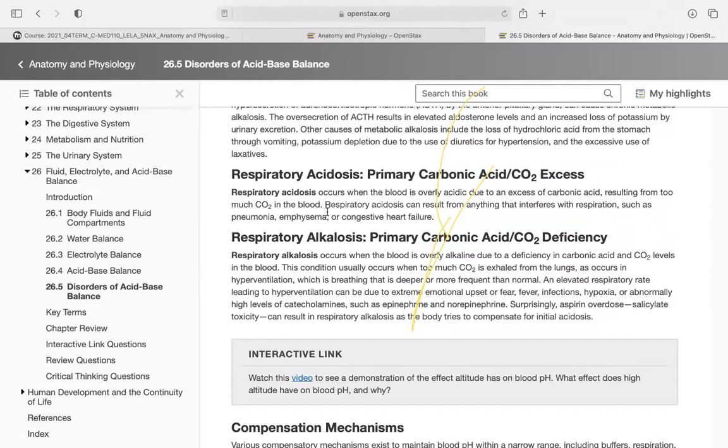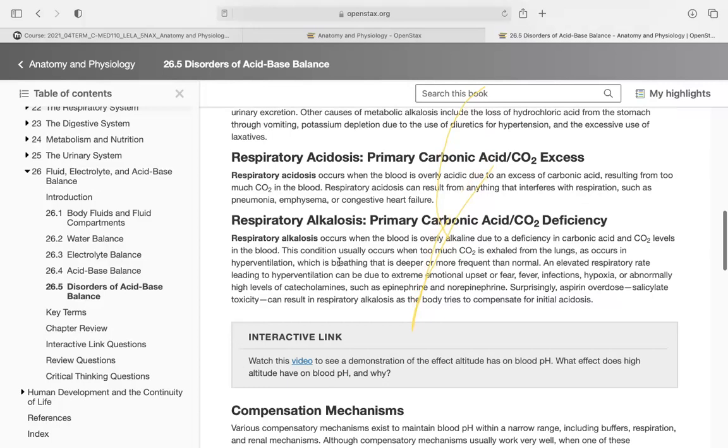So if my patient can't breathe very well, let's say they have any problem with their respiration, like chronic obstructive pulmonary disease, like emphysema and chronic bronchitis, they will hold CO2 because they're not breathing very well. And CO2 is associated with hydrogen ion, and it'll create a problem of acidosis. Respiratory alkalosis is the exact opposite.